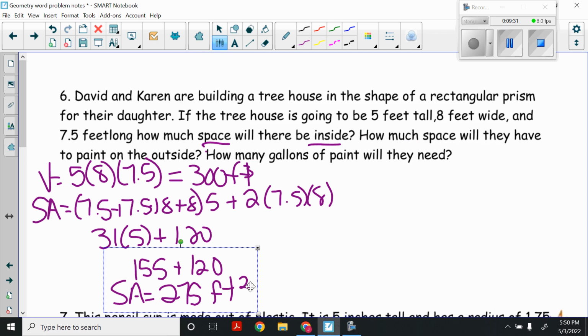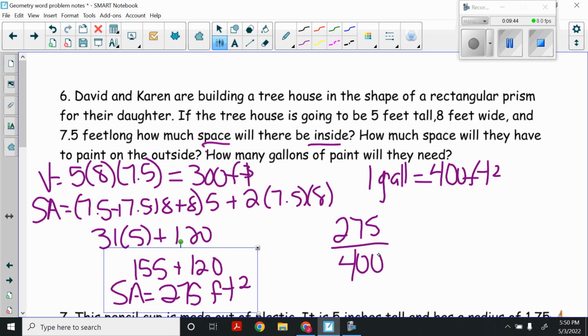On the front, we learned that 1 gallon of paint covers 400 square feet. I only have 275 square feet to paint. So 275 divided by 400, they only need 0.6875. They can't just buy that, so they need 1 gallon of paint to paint this treehouse.